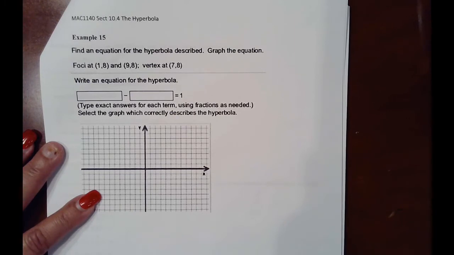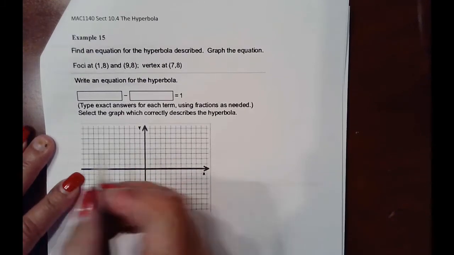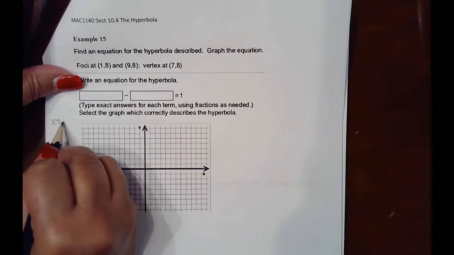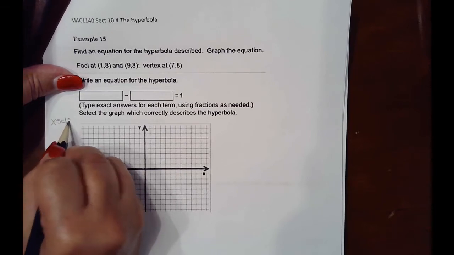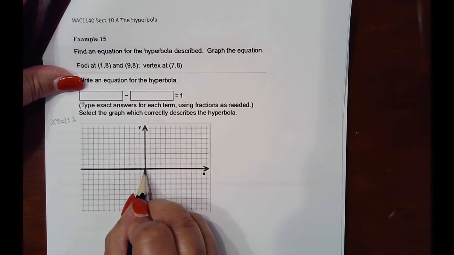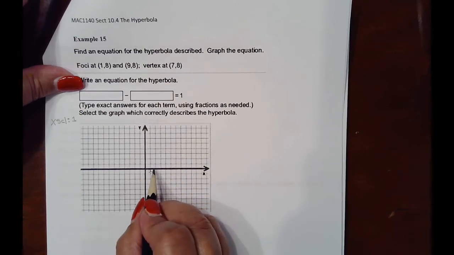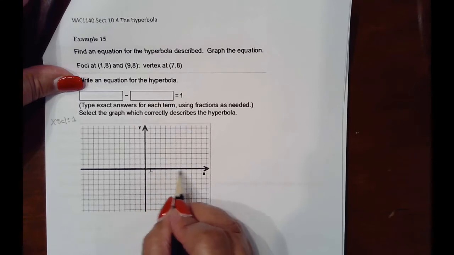I'm going to count on my x-axis. My x scale will be 1, so each grid mark is 1. 1, 2, 3, 4, 5, 6, 7.